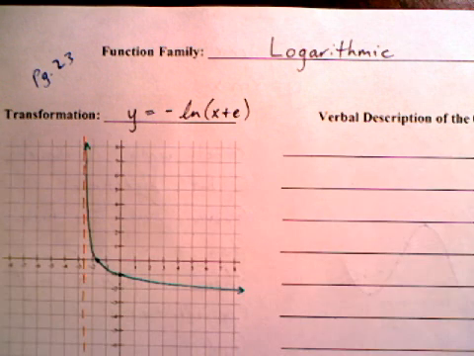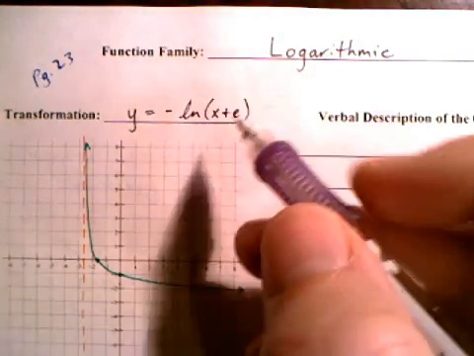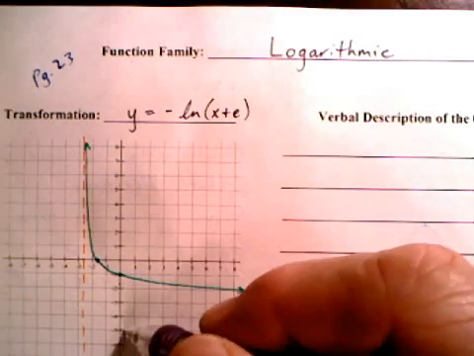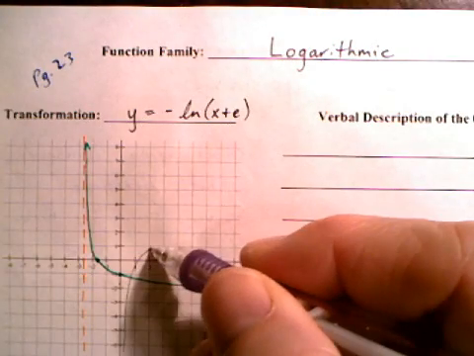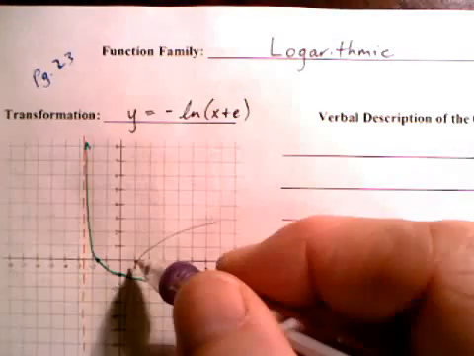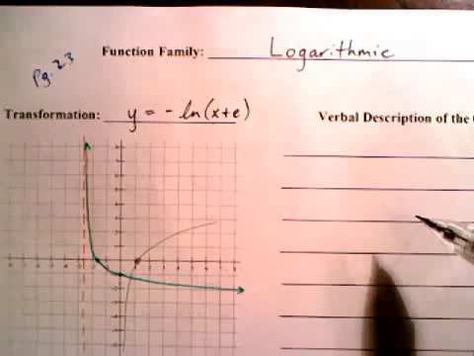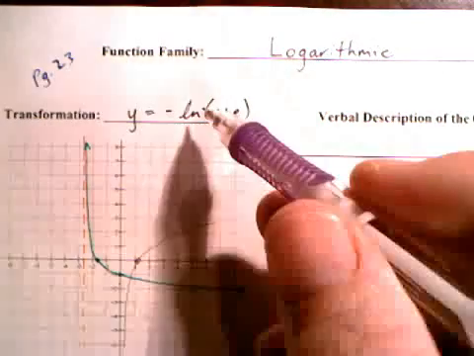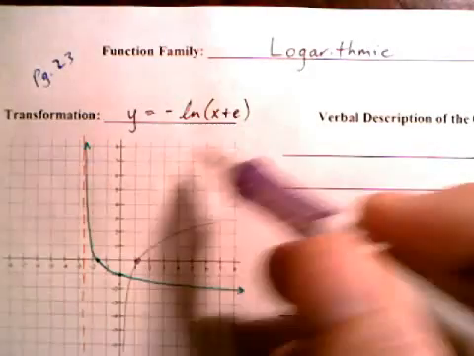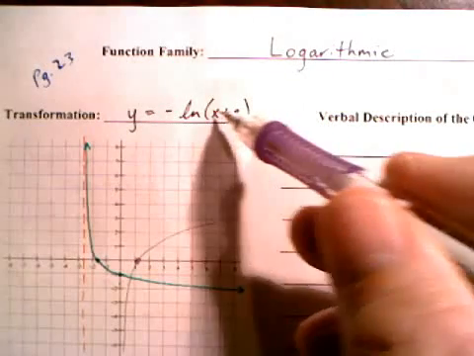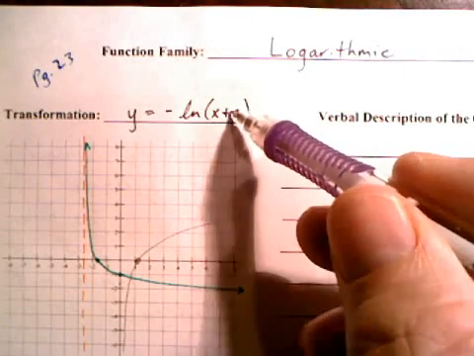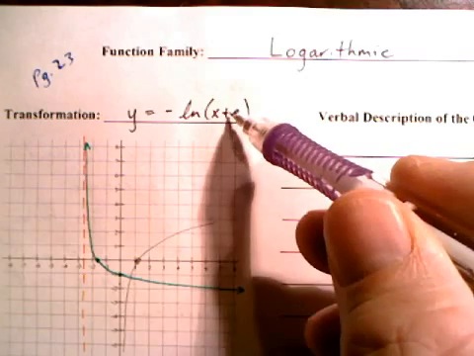It's a good challenge. So the original function, I will walk you through this one. The original function is ln of x, so that starts here. That's ln of x, 1, 0. And then we want to reflect x, which we don't have, in the x direction. We don't have that, but we do have a shift to the left e units.